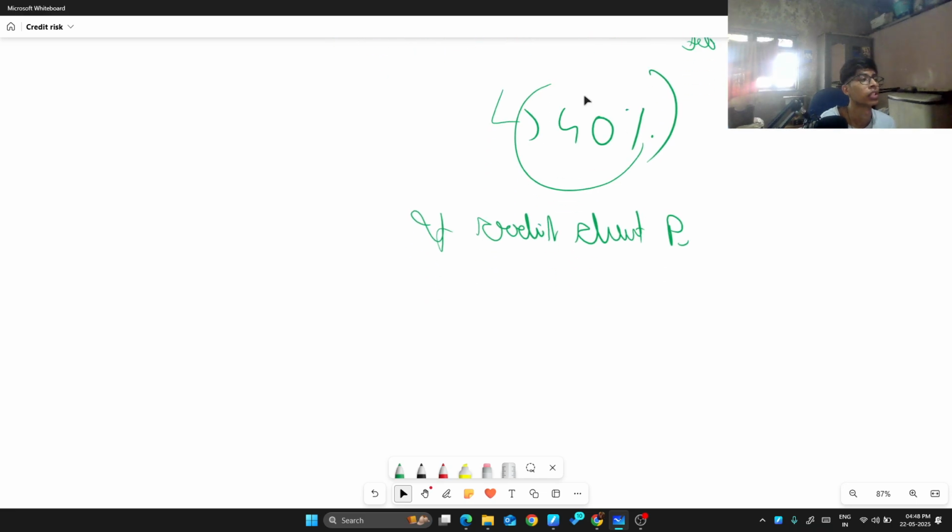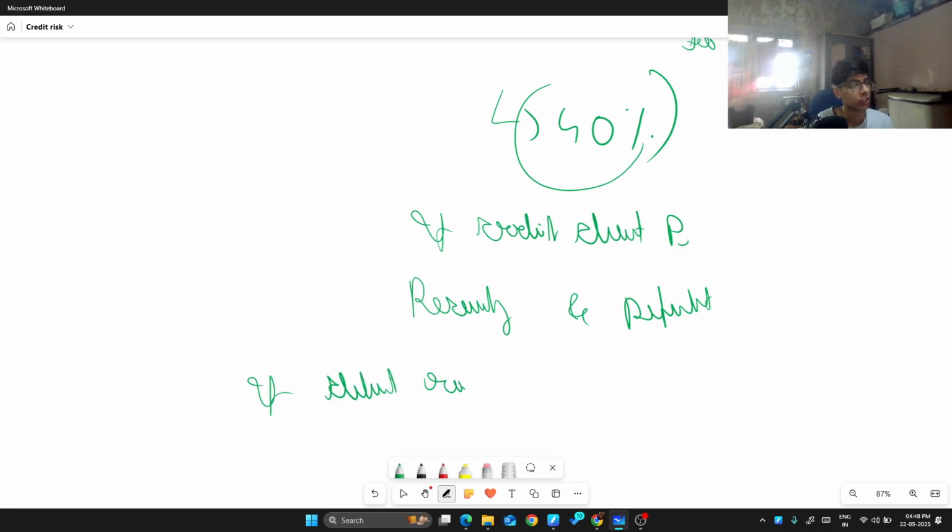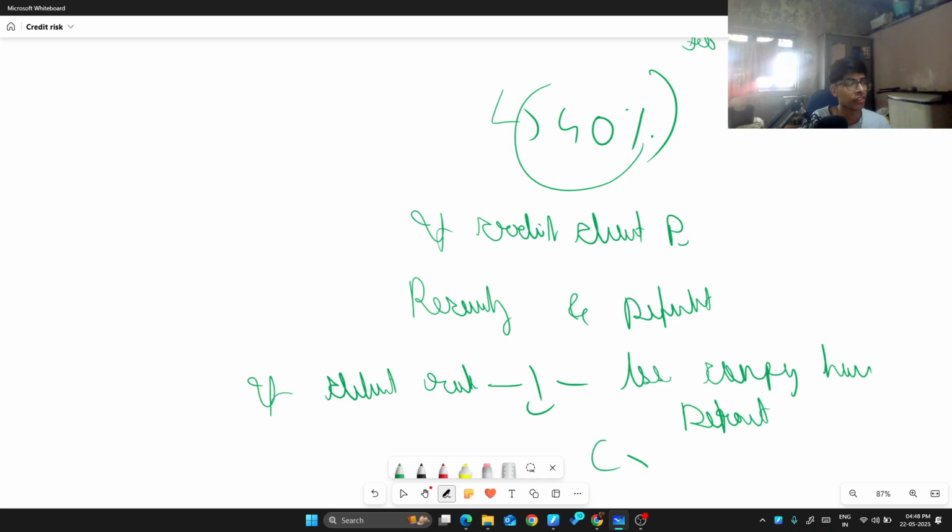Okay, so recovery rate and default rate. If the default rate is low, meaning there are fewer risky companies going under default, the recovery rate would be more. It is inversely proportional.